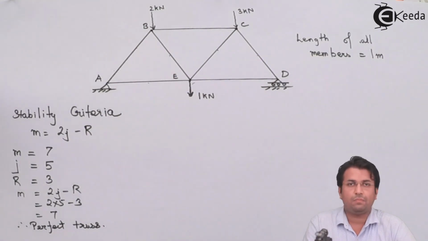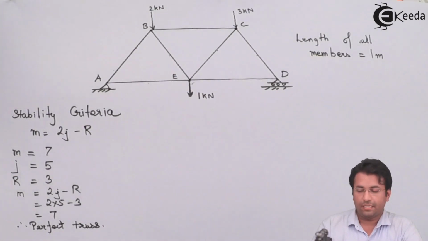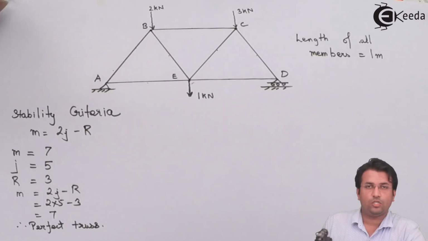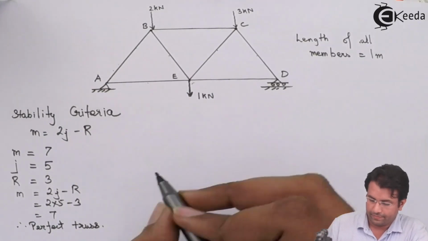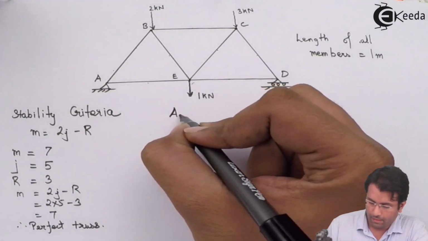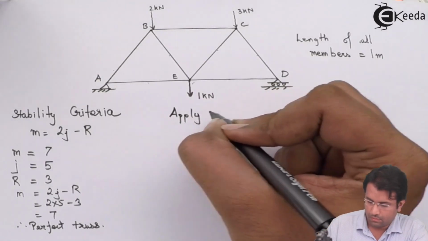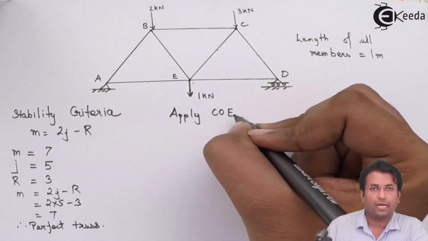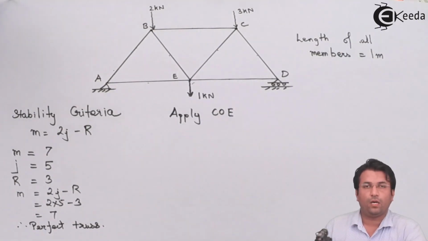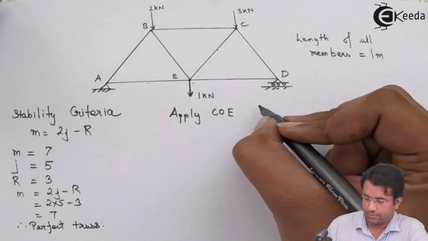Now FBD is something that you can draw easily, so I won't be doing that, I'll just show you the calculation part. Apply conditions of equilibrium to find out the support reactions.